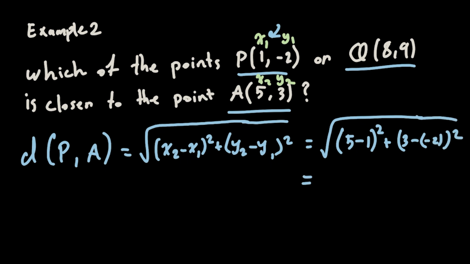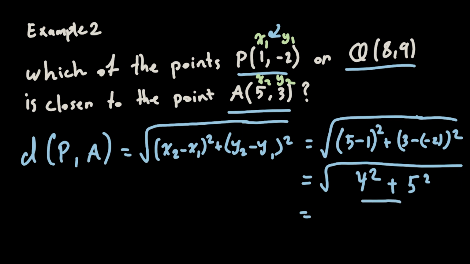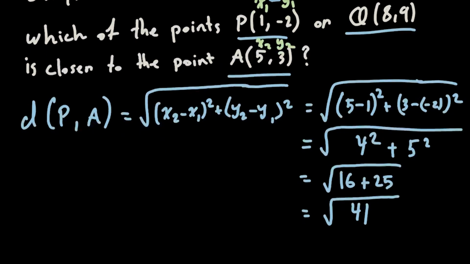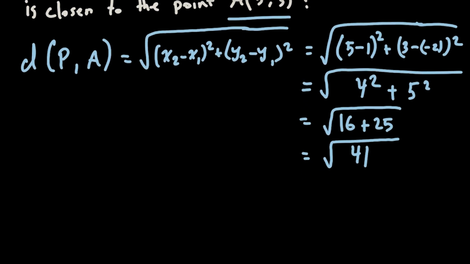So we have 5 minus 1, it's 4 squared, plus 3 minus minus 2 is 5, 5 to the power 2. And that would equal the square root of 16 plus 25, which equals 41. This is the distance between the point P and the point A.